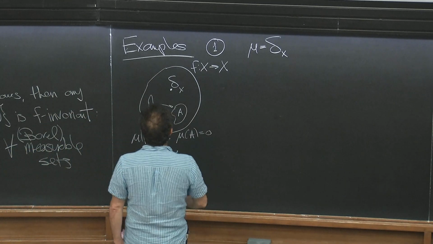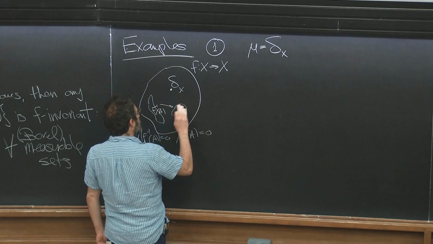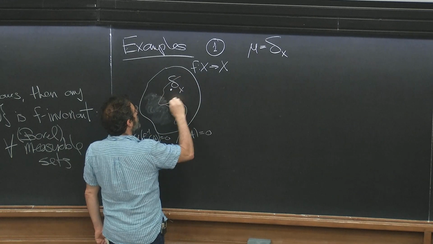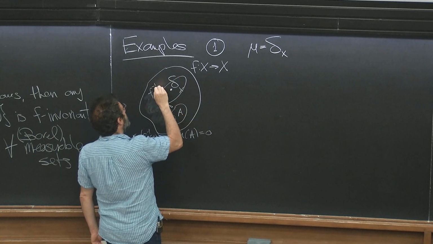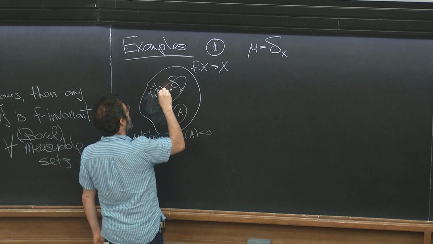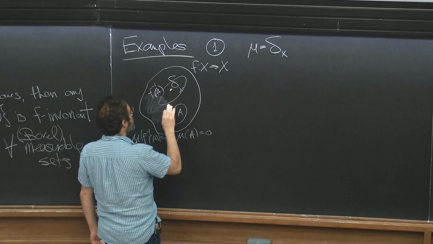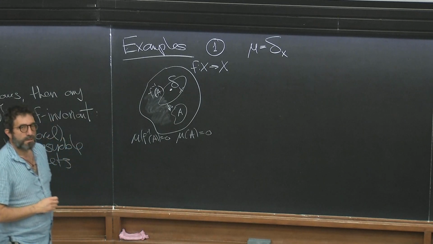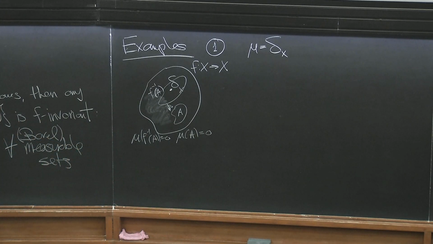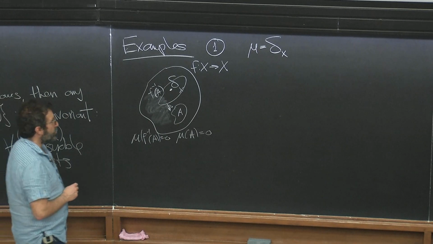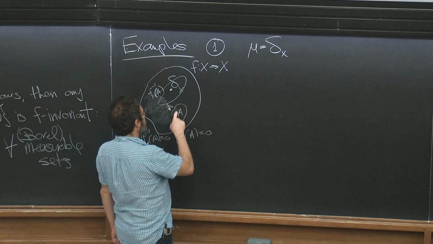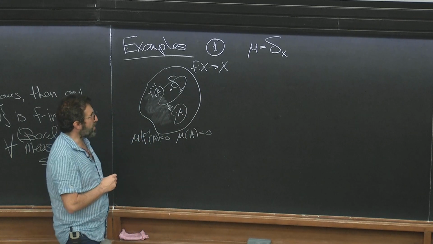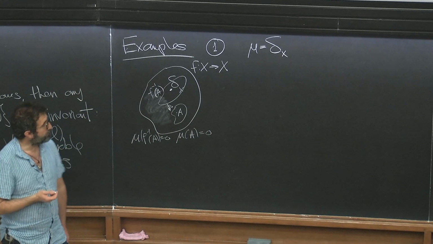But suppose that the set A does not contain x, and suppose that the set f minus 1 of A contains x. x must be a fixed point. That's right. So if this happened, then this measure would not be invariant.